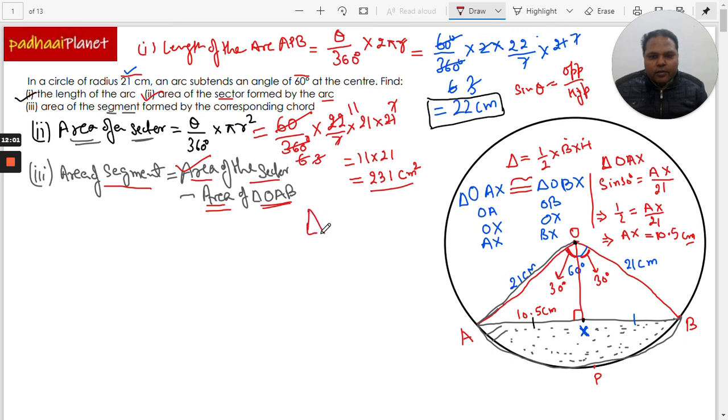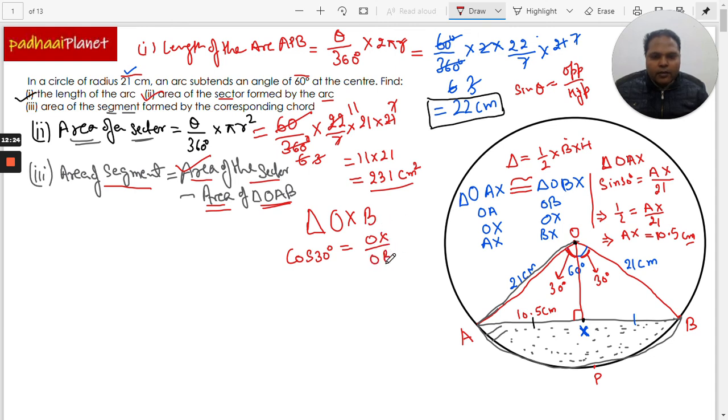In it, cos 30 degrees is equal to OX upon OB.